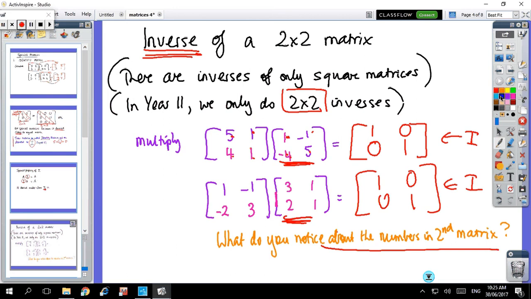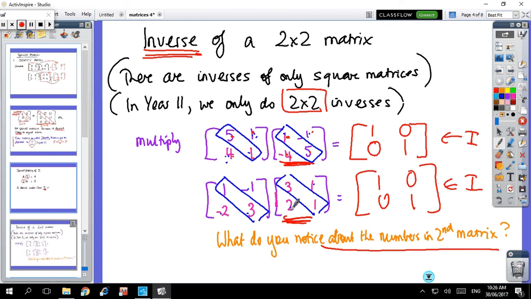Okay, so it doesn't matter if you didn't quite see it, but if you have a look at the leading diagonal, 5, 1, 1, 5, and 1, 3, 3, 1, the numbers have switched over. And in the other diagonal, which is called the alternate diagonal, the number 1 has changed to minus 1, the number 4 has changed to minus 4, the number minus 1 has changed to 1, and minus 2 has changed to 2.